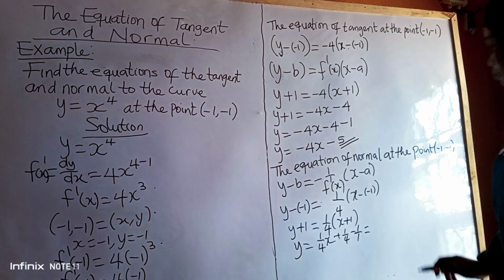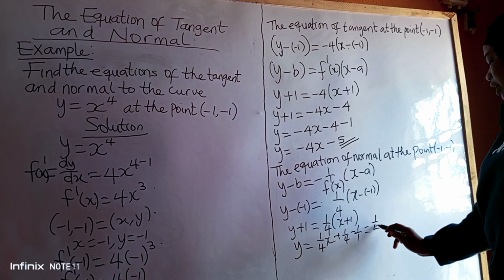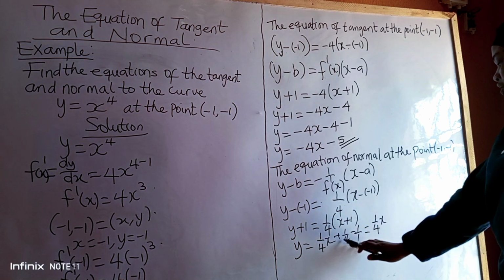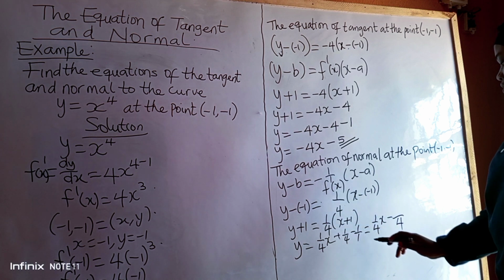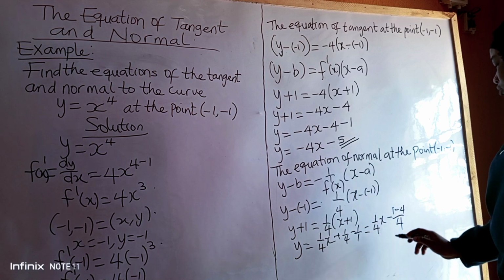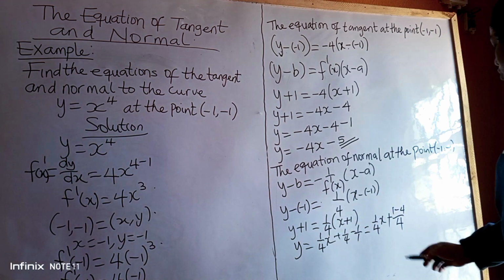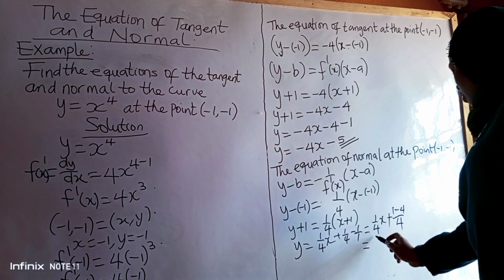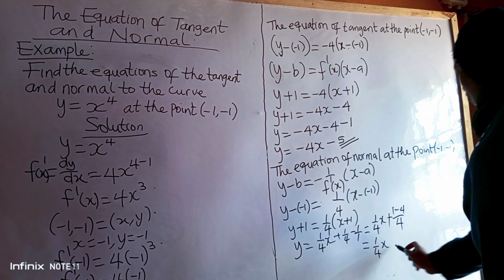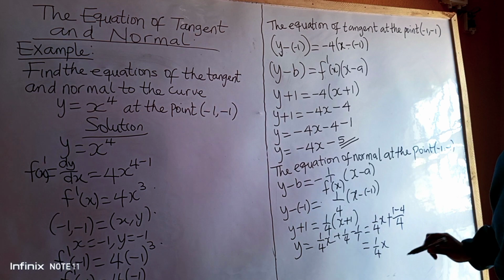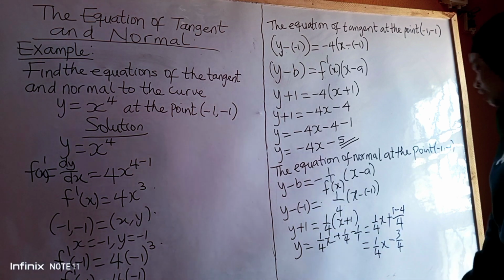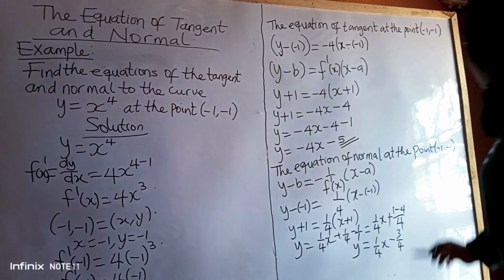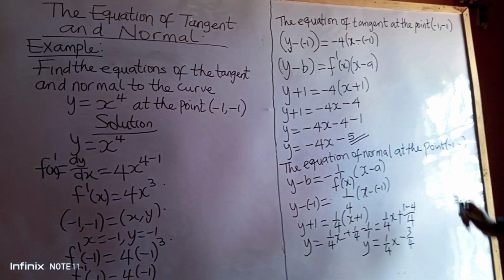So let's add them. I have 1 over 4x, then 1 minus 4 gives me minus 3, so minus 3 over 4. So that is the equation of normal at the point minus 1, minus 1.